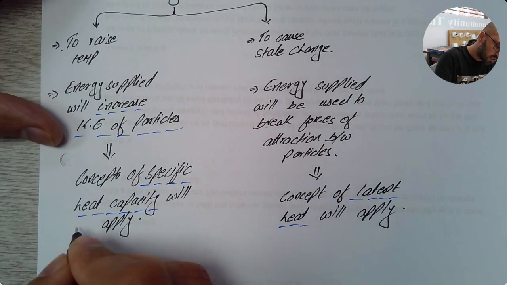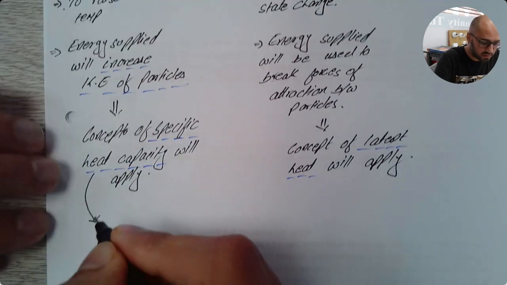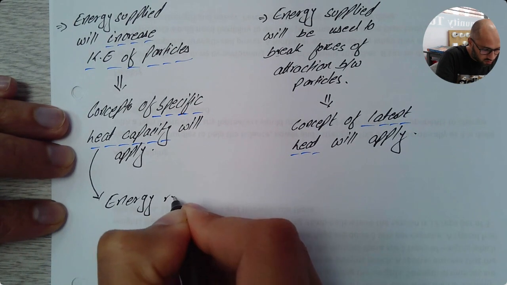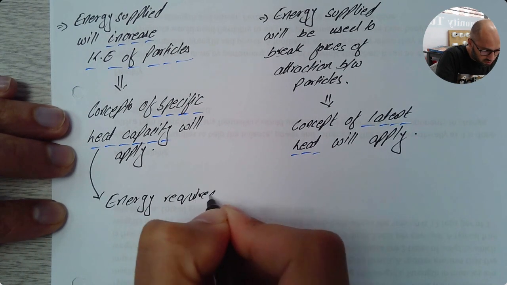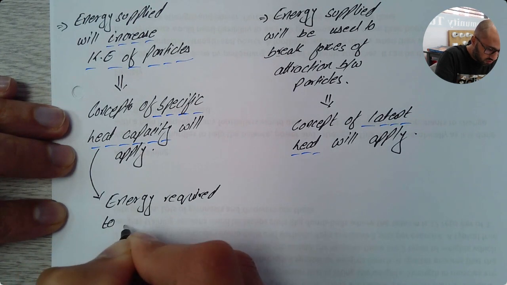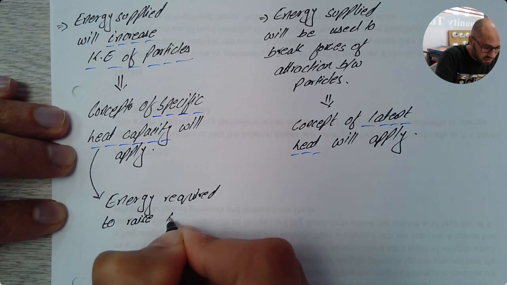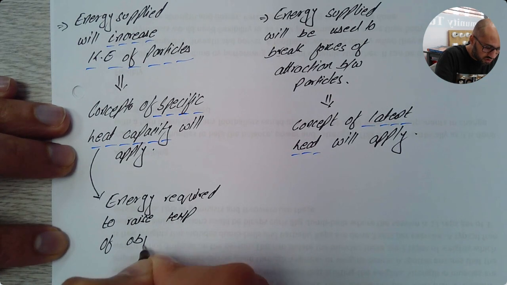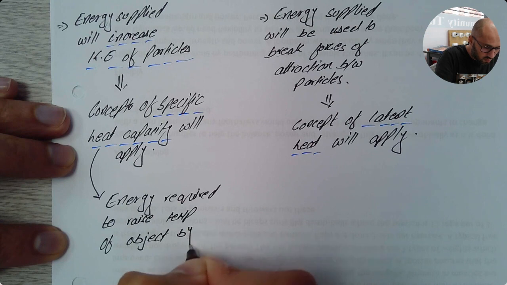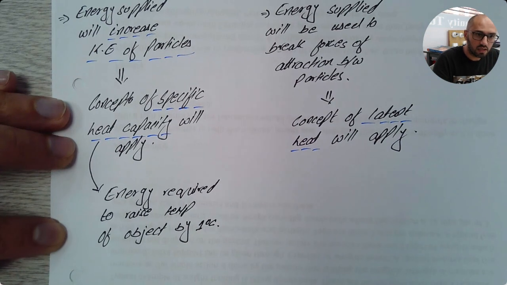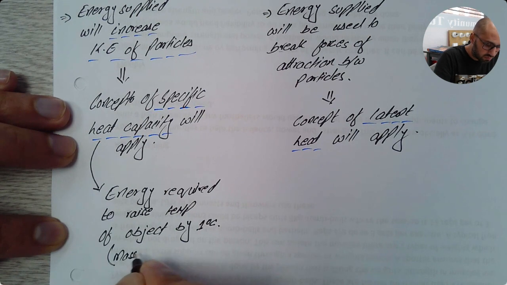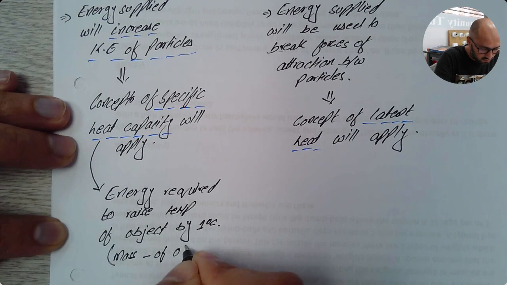When it comes to specific heat capacity, it is defined as the energy required to raise the temperature of an object by 1 degree Celsius, and the mass of the object must be 1 kg.